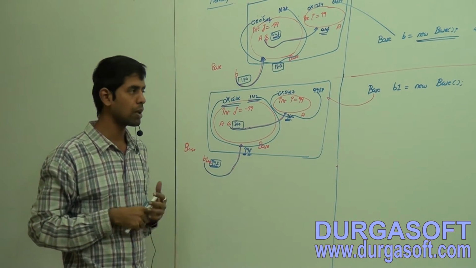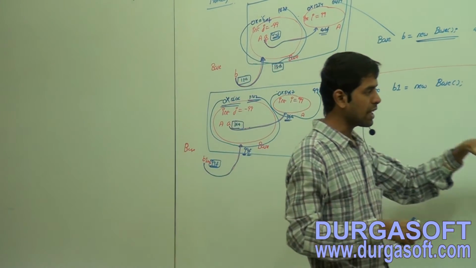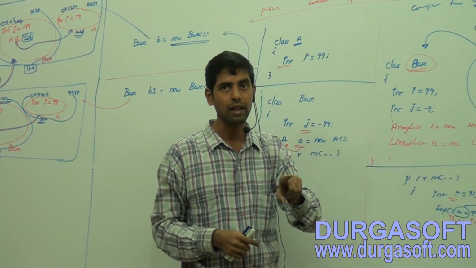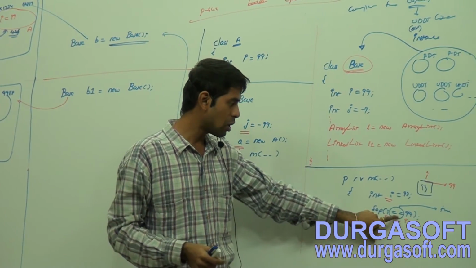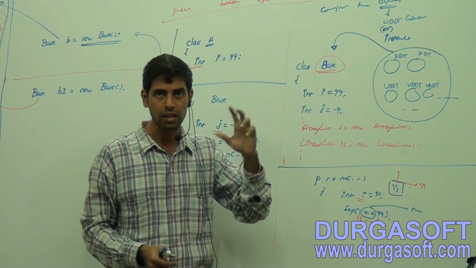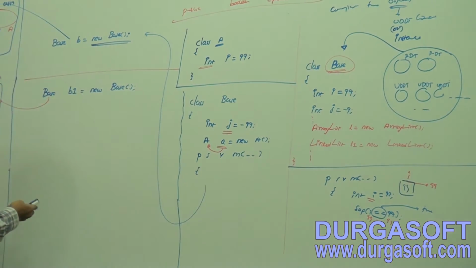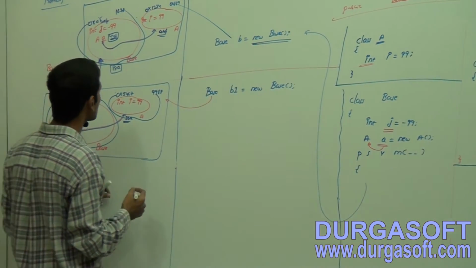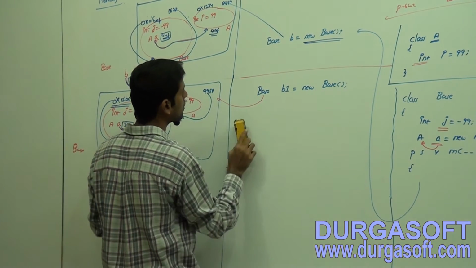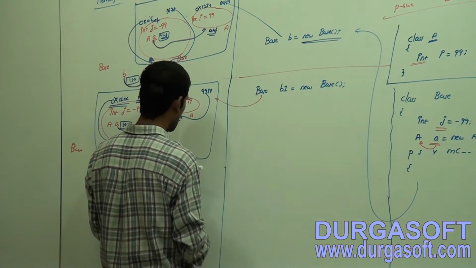If I have the primitive variables, can I compare them by using the double equals operator? Yes, we can compare them very easily. Now observe here, I'm going to write one simple logic.